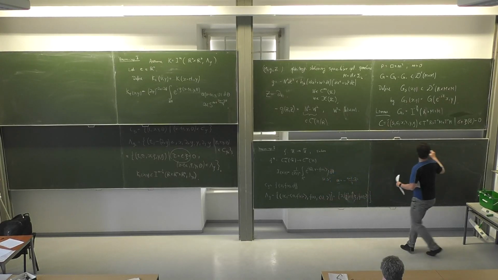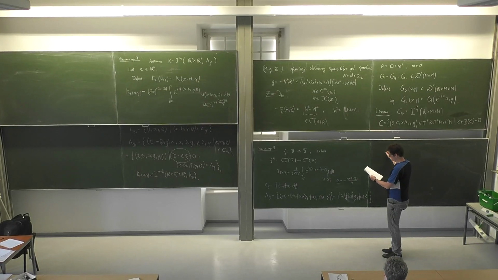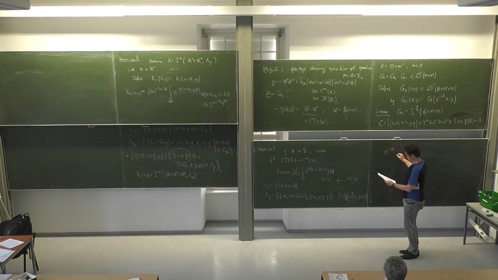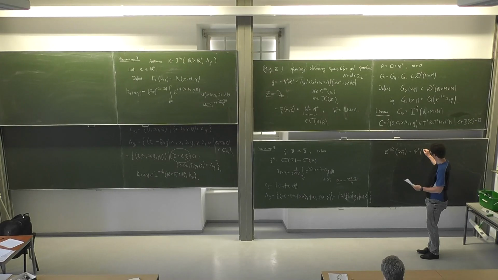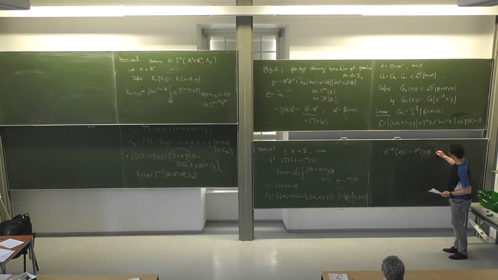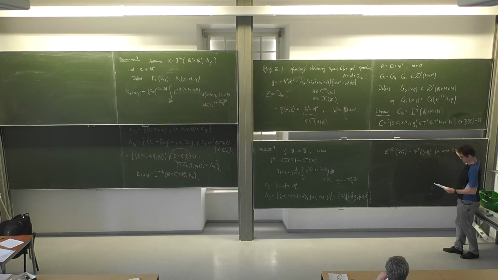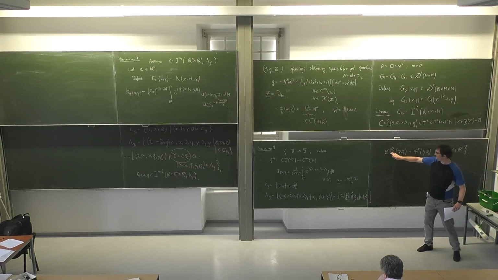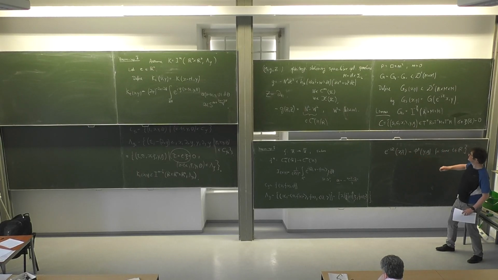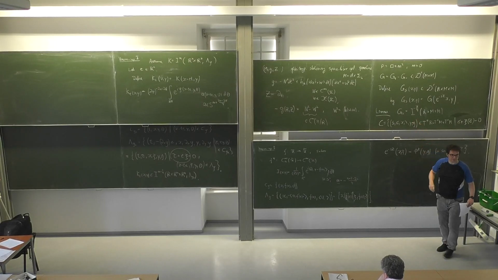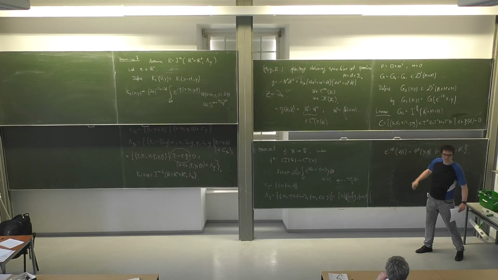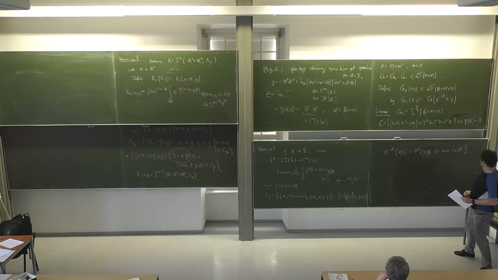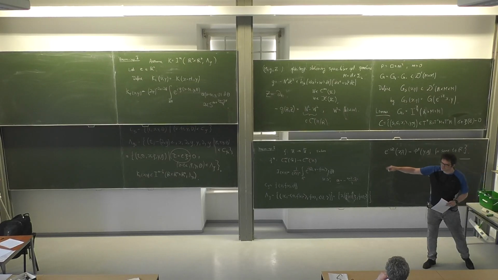And then, so it continues on the next line. e to the minus S Z applied to (x, psi) is equal to phi_t(y, eta) for some t in R. So the one where S is equal to 0 is just the usual one that we had before, and I think I have to put a minus here to make it work, right? So I always forget that. But yeah, that's the one from before. We have to flow here. That's the canonical relation. So there is no proof because it just follows from what's written there.